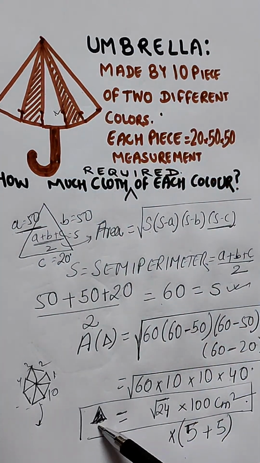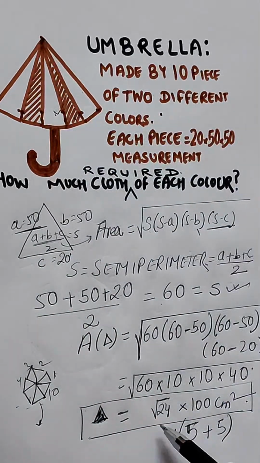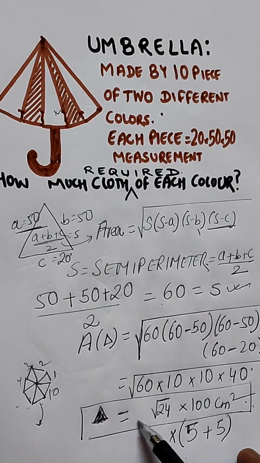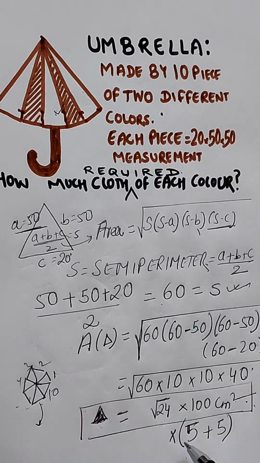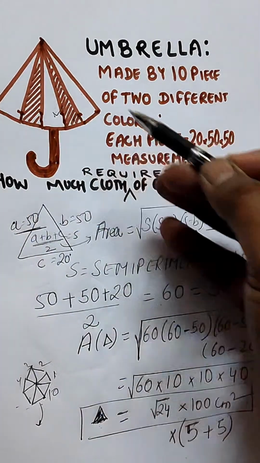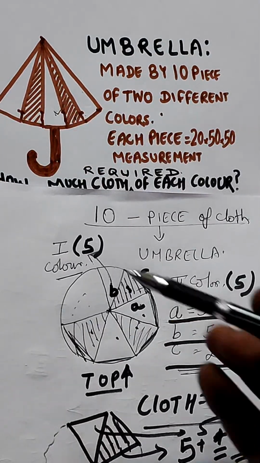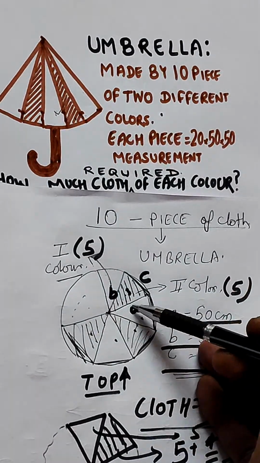And the area of one of the triangles we have calculated as root over 24 into 100 centimeter square. This gives you the area of one triangle, and there are 10 such triangles. I have shown you 5 colored ones and 5 blank.